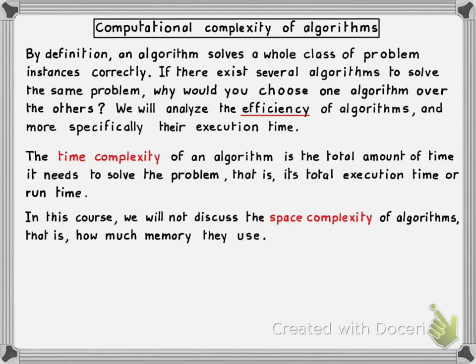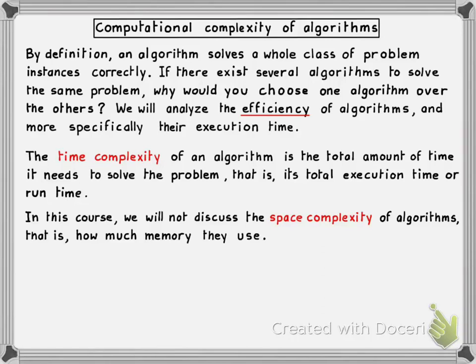Turns out the amount of memory that the algorithm uses is strongly correlated with the data structures that are used in the implementation of the algorithm. So you will study this aspect of computational complexity in your data structures and algorithms courses. Again, in this course, we're going to focus only on one aspect of computational complexity, which is time complexity.